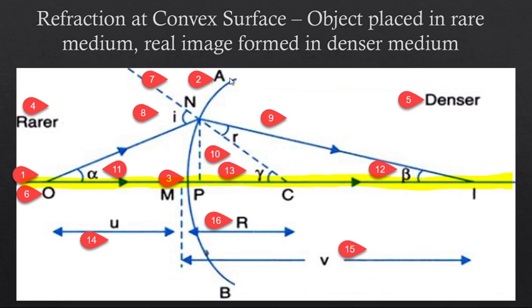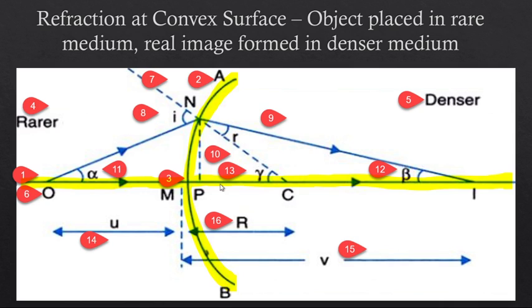Next, draw the convex surface, and make sure that the center of this curved surface crosses the horizontal line, the principal axis. This is called the pole.